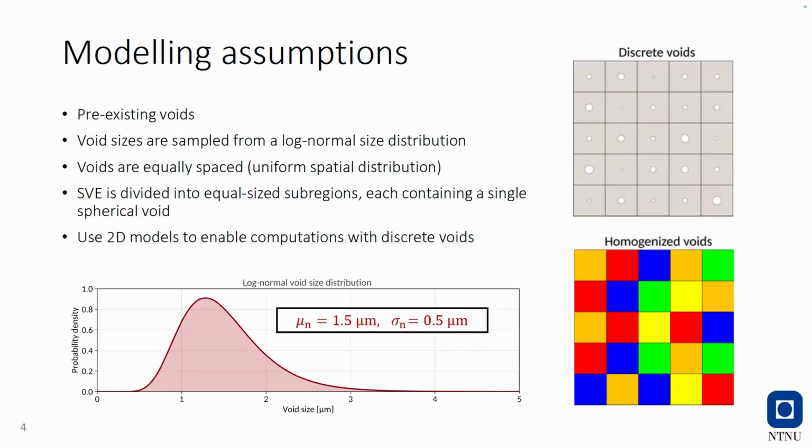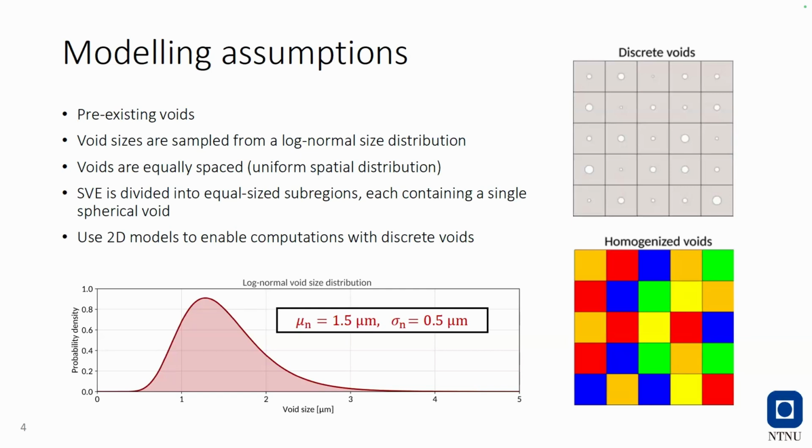Okay, so the assumptions we rely on here are that we have pre-existing voids that we sample from this log normal size distribution. They're equally spaced, so we have a uniform spatial distribution.